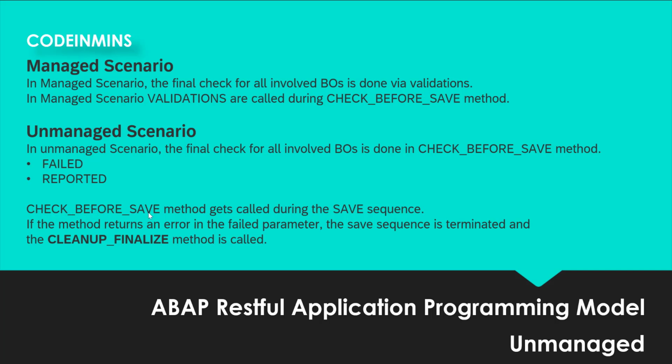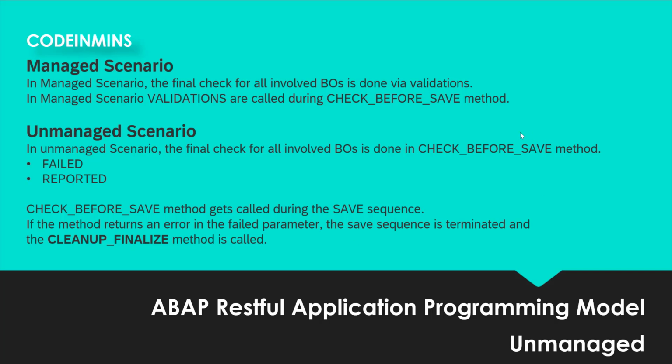What I mean by this is, if your scenario fails or your validation fails, in that case you filled the failed parameter and you filled the reported parameter. So as soon as this method returns a failed parameter, or this failed parameter is filled, then only in that case this cleanup finalize method will be triggered.